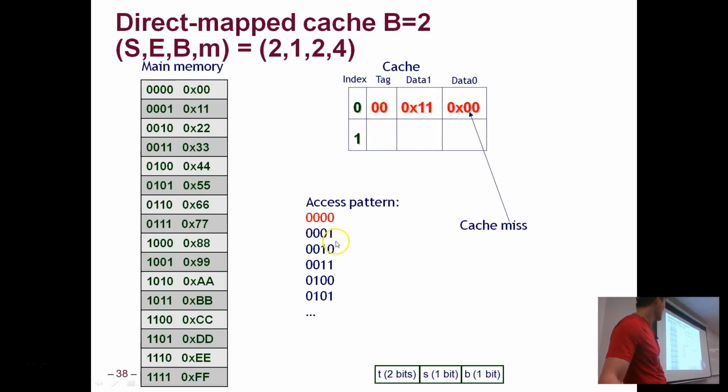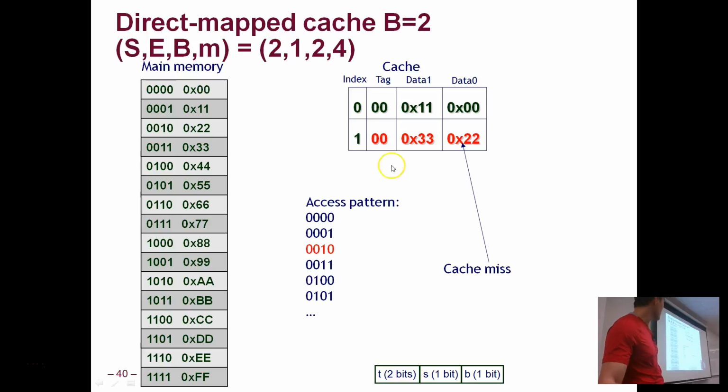Then when you go to 0001, it's going to go back into this cache and it's going to hit because the tag matches. The 00 of this address matches the tag, but you want the other byte. So this will be a hit, and it'll return that byte. When you go to 0010, this is going to go to set number 1, and that's blank, so you're going to miss.